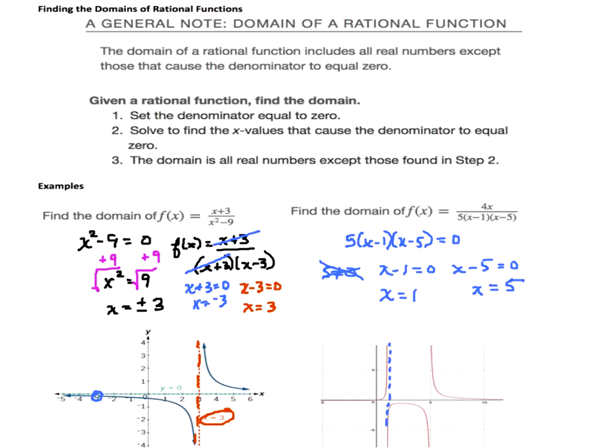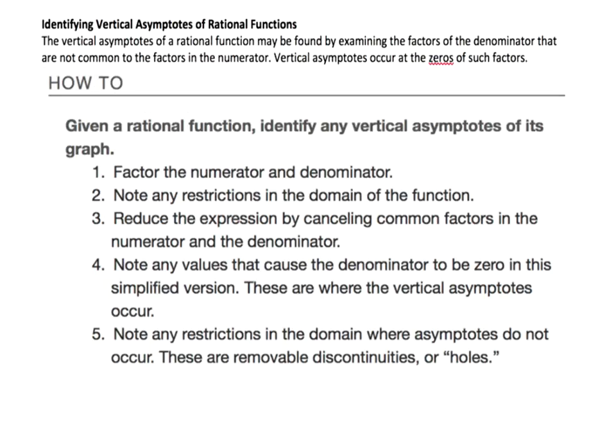Notice neither of those factors divide out with a factor in the numerator, so these are actually going to be asymptotes. X equals 1, x equals 5, and here's a picture of it down below. Notice I have a vertical asymptote living at x equals 1 and a vertical asymptote at x equals 5. So it always happens wherever your denominator could potentially be made 0.